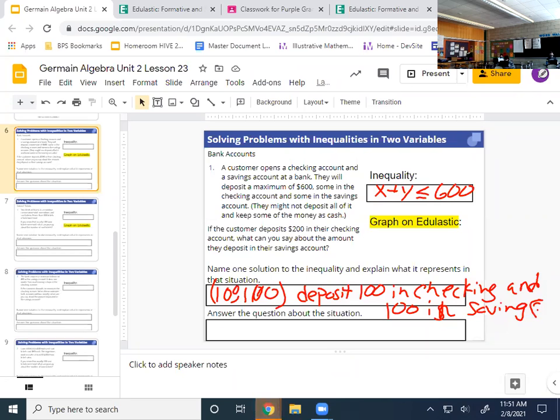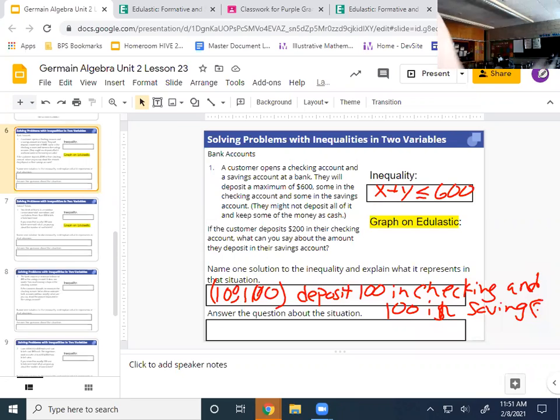Very good. What is the answer to the question? If the customer deposits $200 in their checking account, what can you say about the amount of money they deposit in their savings? Let's write an inequality that matches that. It can't be more than how much money? 600.